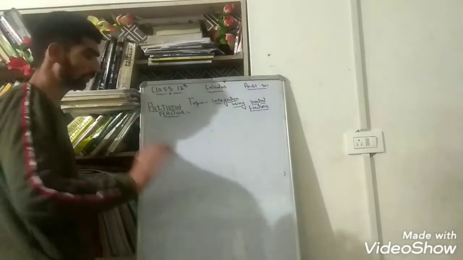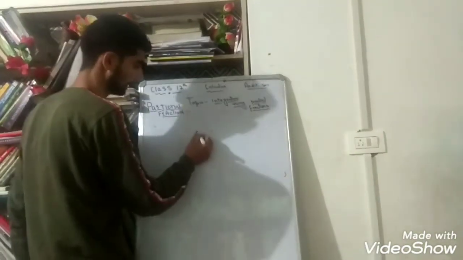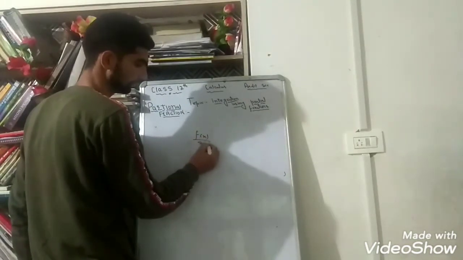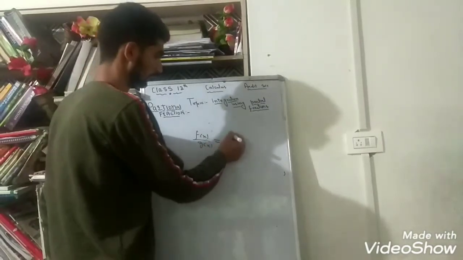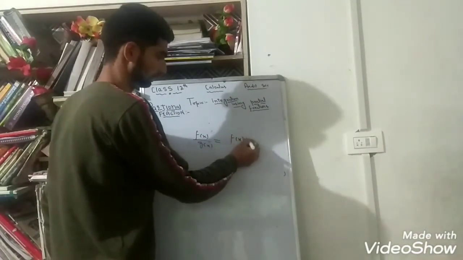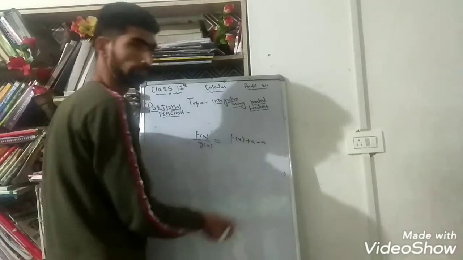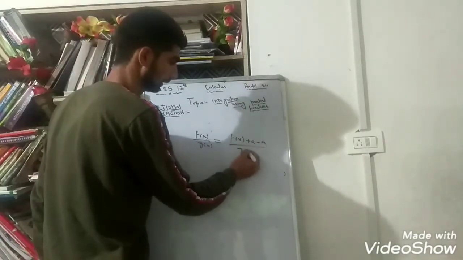Now if we have a proper fraction, for example f(x) divided by g(x), we can write it as f(x) plus a minus a divided by g(x).